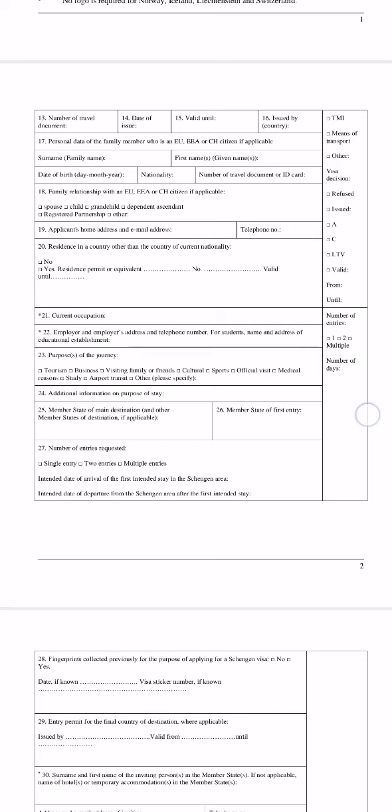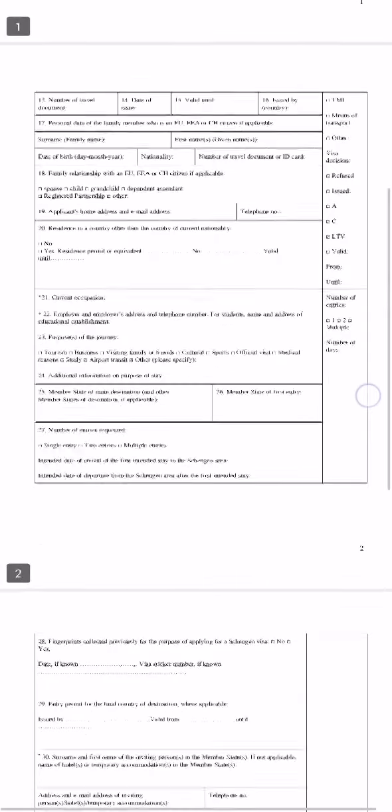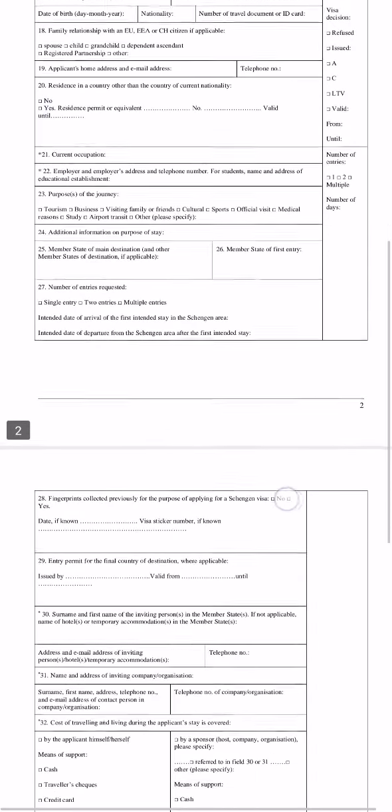Then the intended dates of arrival for the first intended stay in the Schengen area and the intended dates of departure from the Schengen area after the first intended stay. So which time you intend to go there and which time you intend to leave. You have to specify it in this form.